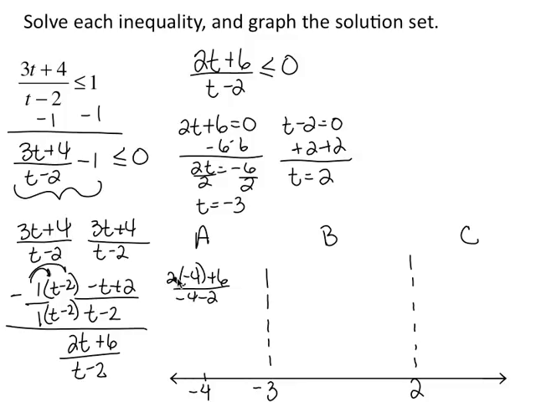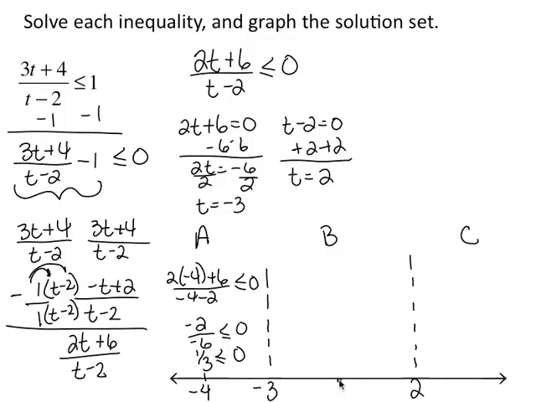So I get negative 8 plus 6. That gives me negative 2 over negative 6 less than or equal to 0. So if I take this, I get a negative divided by a negative. I'm going to get a positive 1/3, and a positive 1/3 is not less than or equal to 0. So for this reason, we can't use any point in the interval A.